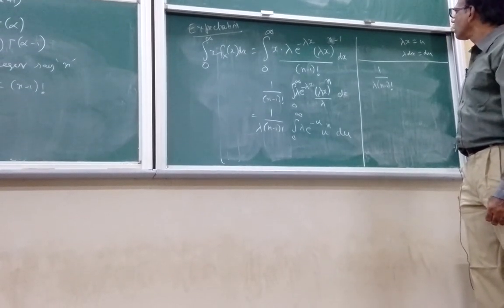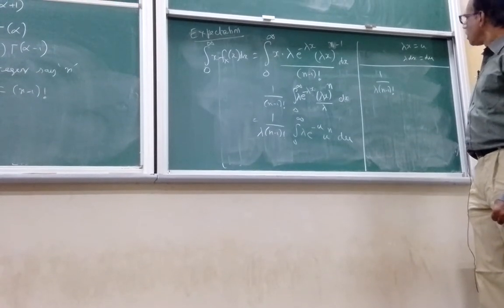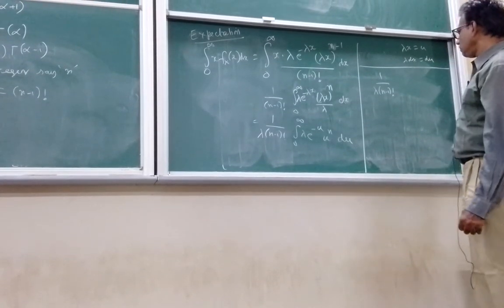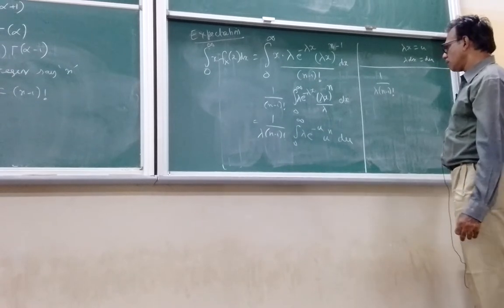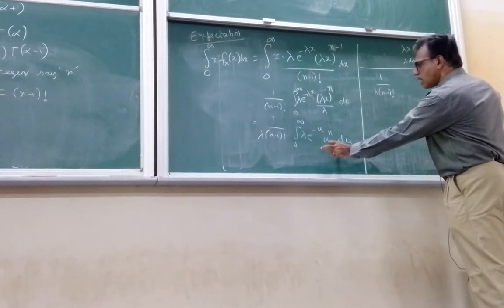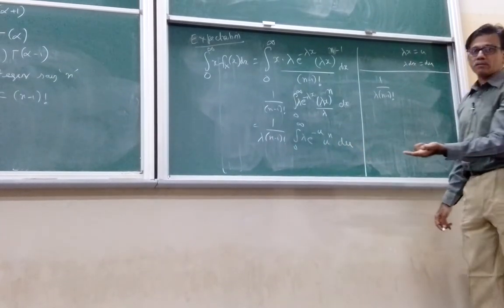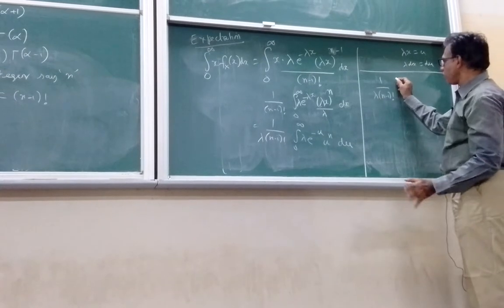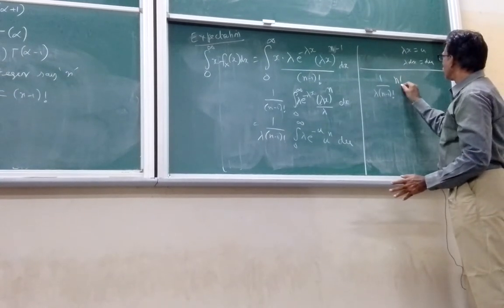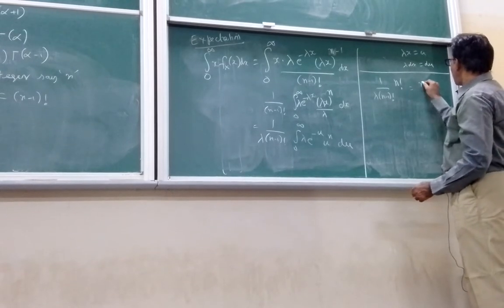This is nothing but gamma of n plus 1, which is n factorial. That is equal to n by lambda.